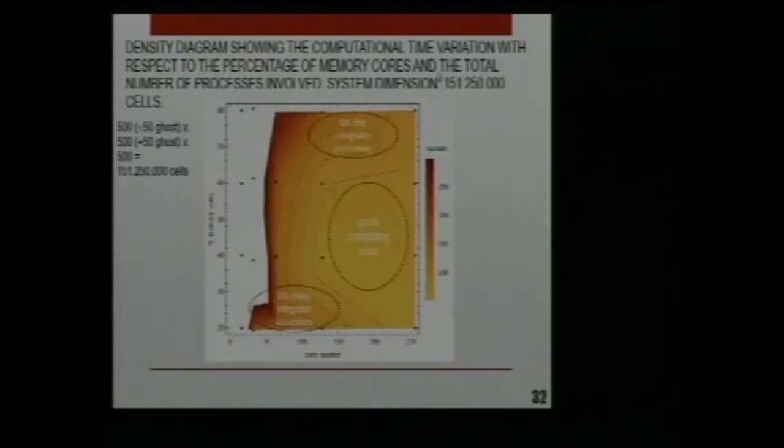And if we increase this number, you see the good computational area shifts a little bit. So this is what I said. You have to know where you want to go. You have to do some preliminary study in such a way that you improve your computation.